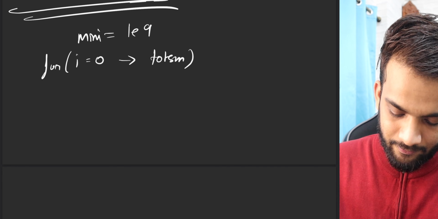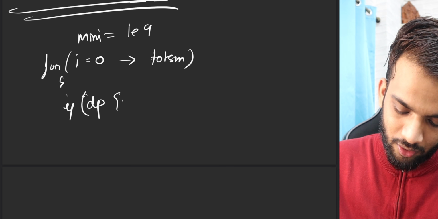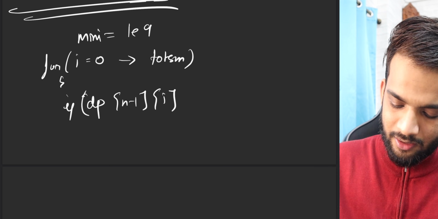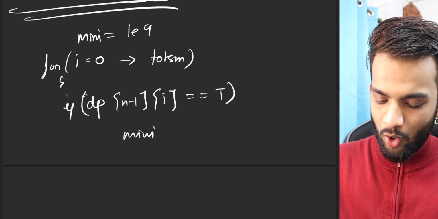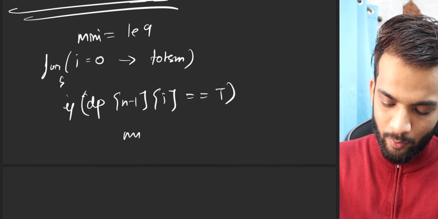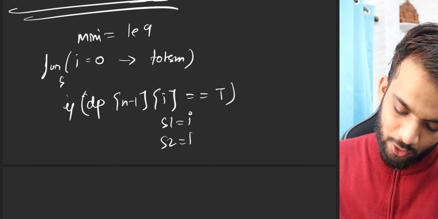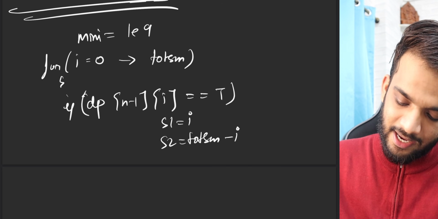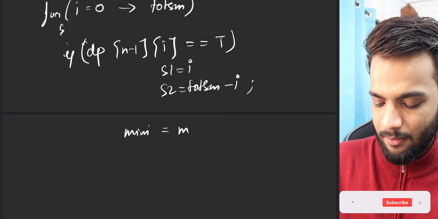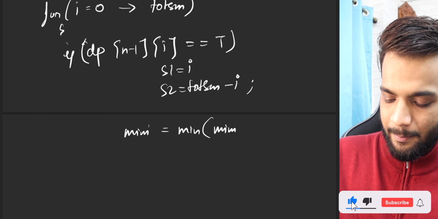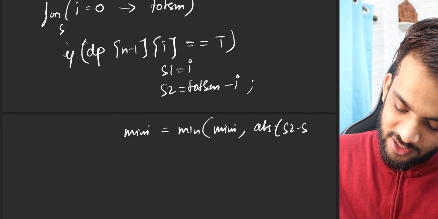Can I say if DP of the last row and this target I is possible, then what will be S1? I know S1, like if I just write it, S1 will be I, S2 will be total sum minus I, correct? So thereby I can say minimal, because I need the minimal absolute difference, mini comma absolute of S2 minus S1.